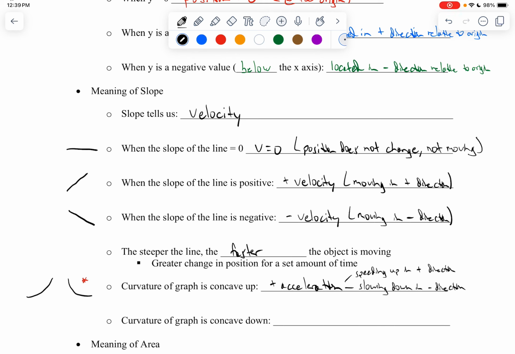If we have a concave down curvature, so that would look something like this, or we could have something like this as our two possible options, that's going to result in us having a negative acceleration.